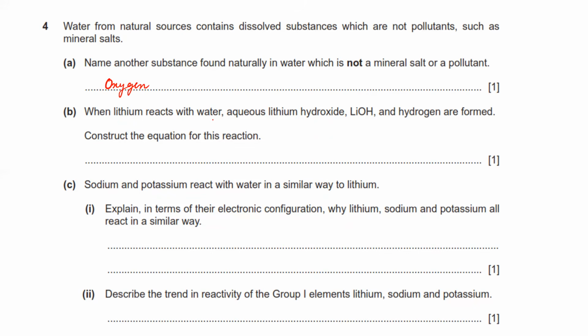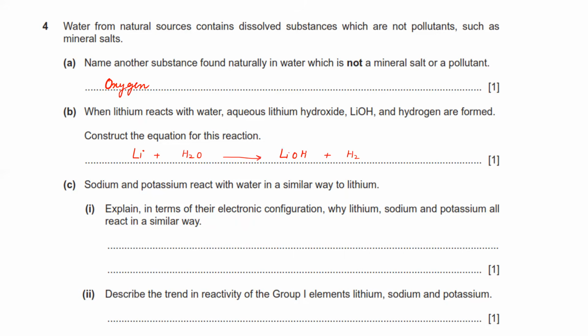It says when lithium reacts with water, aqueous lithium hydroxide (LiOH) and hydrogen are formed. Construct the equation for this reaction. So lithium plus H2O gives you lithium hydroxide plus hydrogen gas. Okay. Now we have to balance this equation. This is very important. So we have one lithium, two hydrogen.